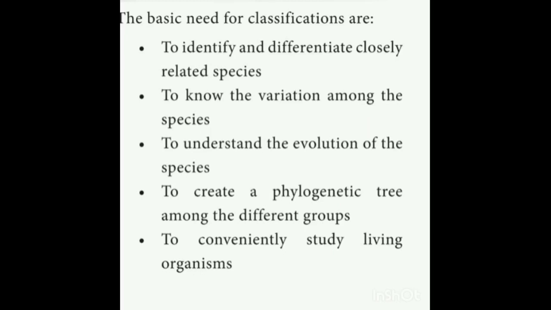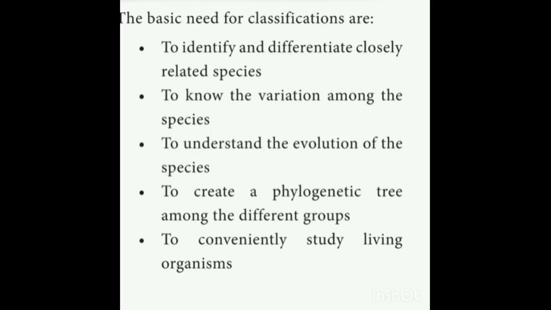Second, to know the variation among the species. Third, to understand the evolution of the species, how this animal evolved, and to create a phylogenetic tree among different groups. Phylogenetic means evolutionary relationship between the organisms, that means the ancestral character.